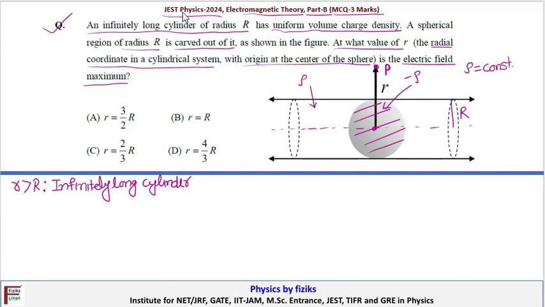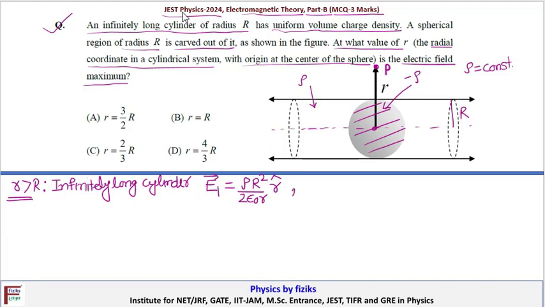In this case electric field E1 is given by, you can easily derive this using Gauss law, but you have to remember the result. This is rho R square by twice epsilon naught r, r cap. This is the field due to the infinitely long cylinder.